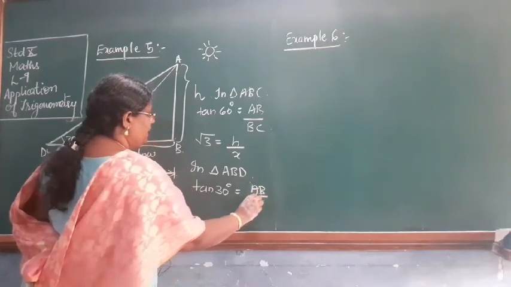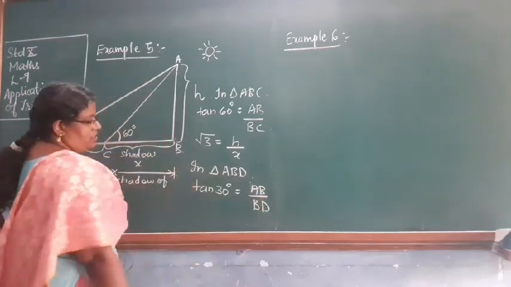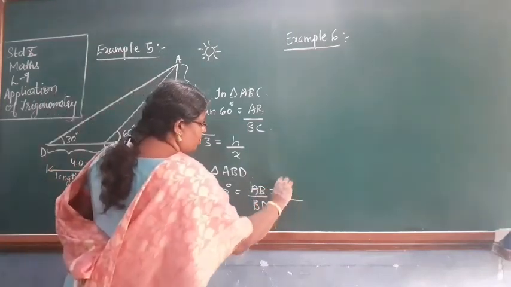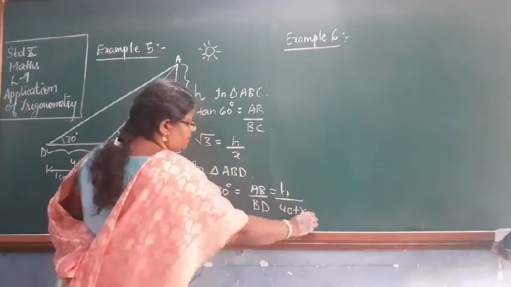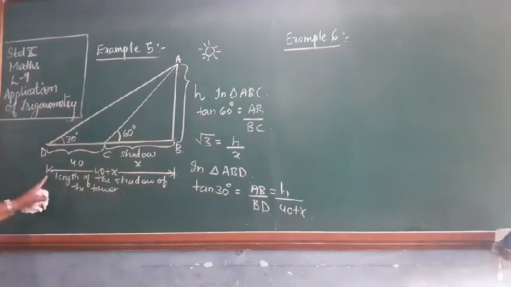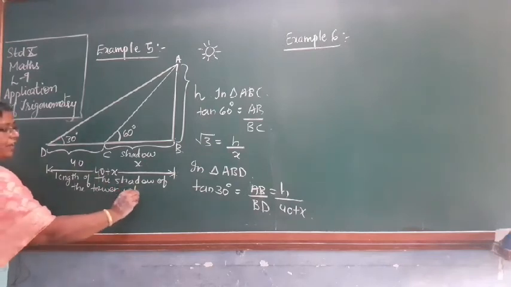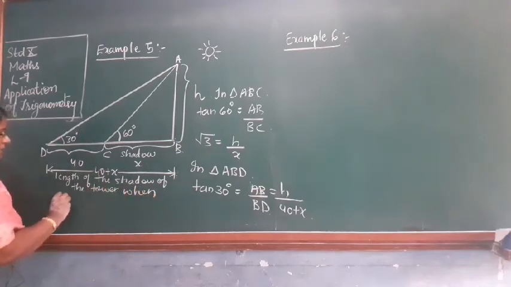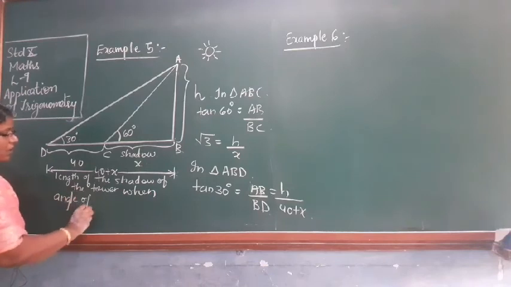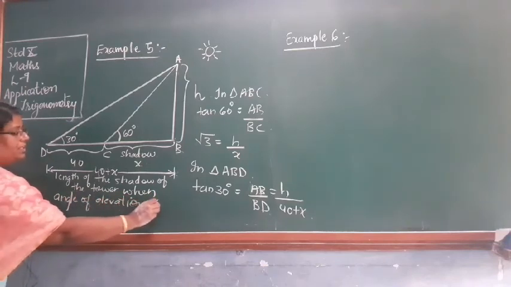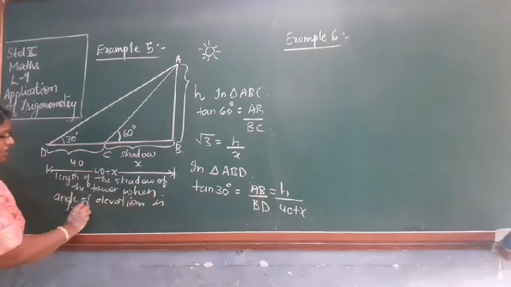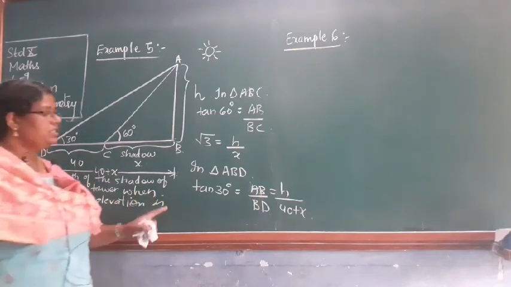You can write it as AB by BD, where AB is H and BD is 40 plus X. Look, BD is 40 plus X. So this is the length of the shadow of the tower when the angle of elevation is 30 degrees.